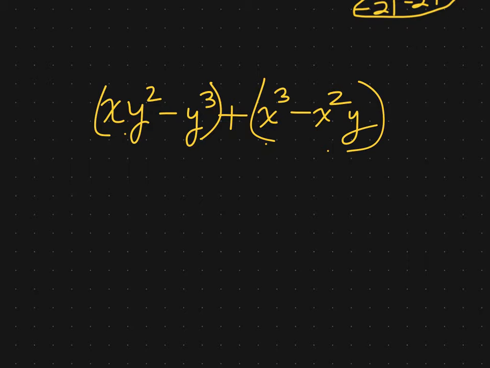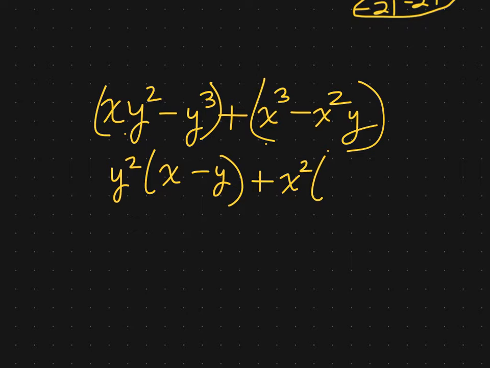Out of xy squared and minus y cubed, we could take out a y squared. Y squared out of xy squared leaves x. Y squared out of y cubed leaves y. And out of x cubed and x squared y, we could factor out an x squared.